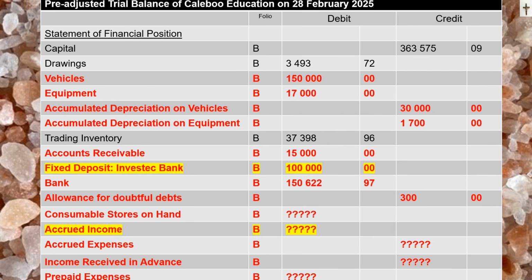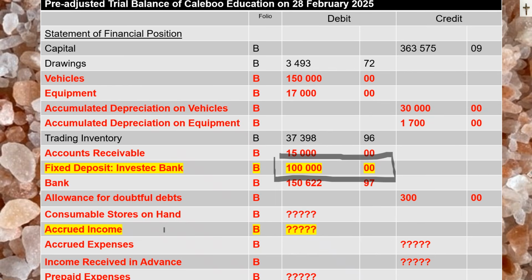So the information I need, I go to the pre-adjusted trial balance and I check. The fixed deposit with Investec Bank was 100,000. What we've done is we've earned 10% on the fixed deposit for the year, which is 10,000 Rand. You can punch that into your calculator.